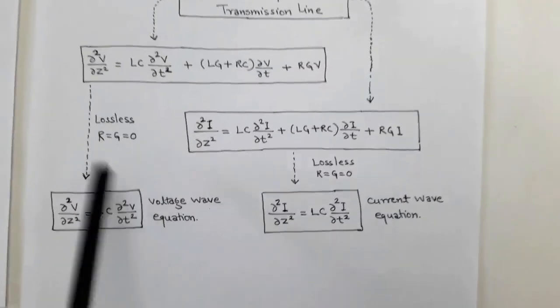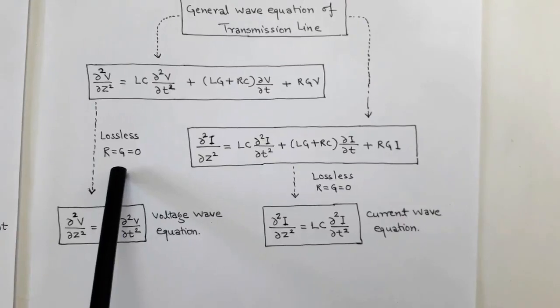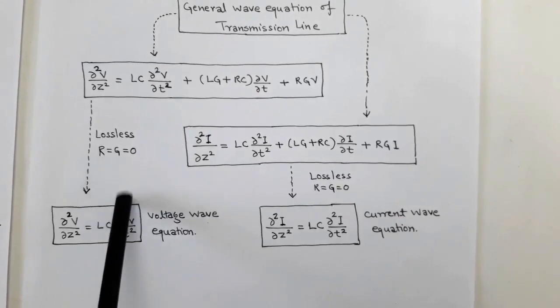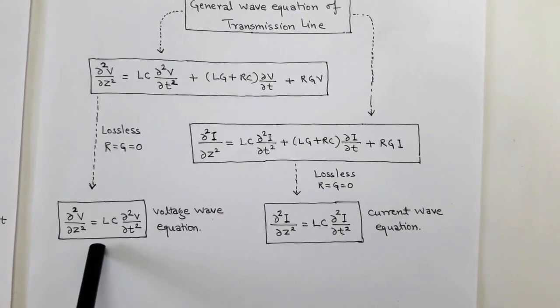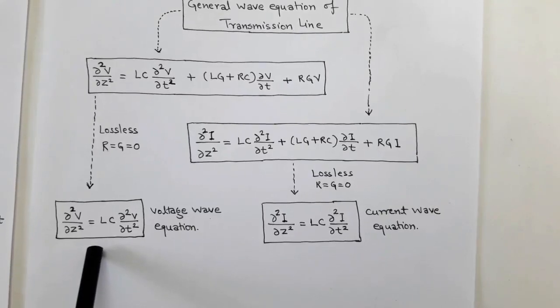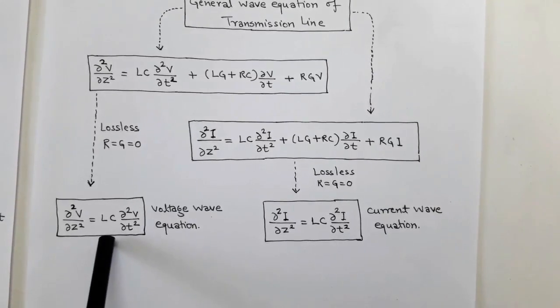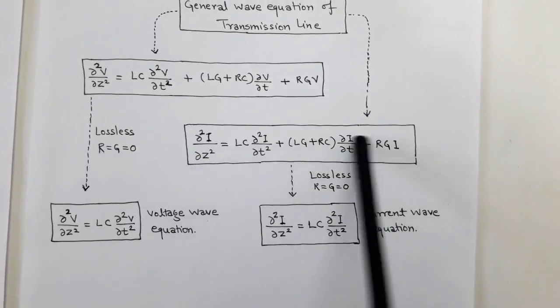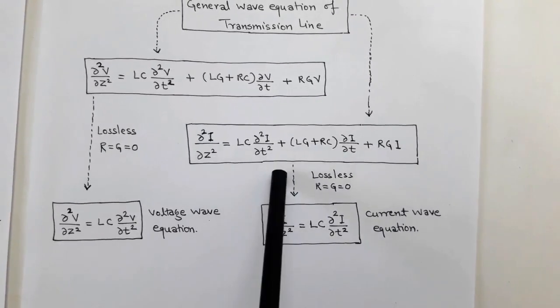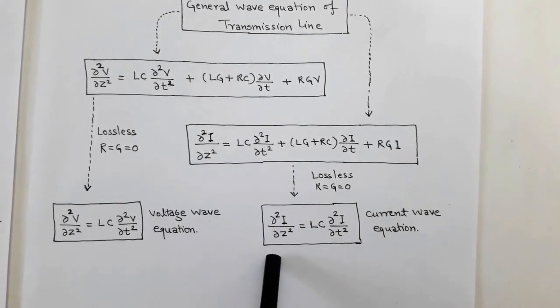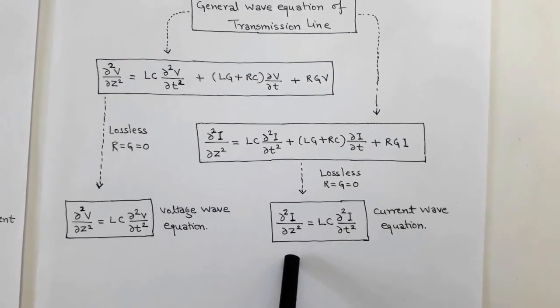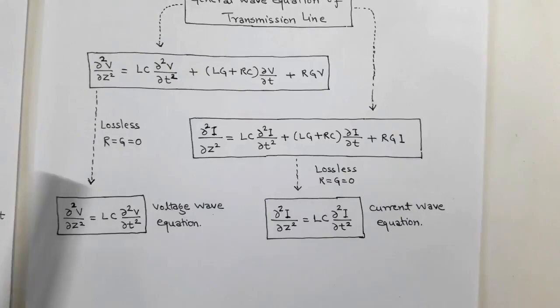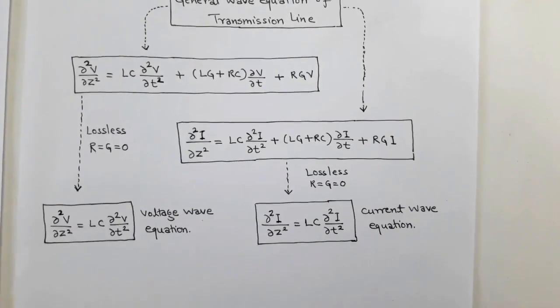Now here we consider a lossless condition, that is, we put R equals G equals 0, and we get the voltage wave equation, which is del square V upon del Z square equals LC del square V upon del T square. And also there is a current wave equation in case of lossless propagation, which is del square I upon del Z square equals LC del square I upon del T square.